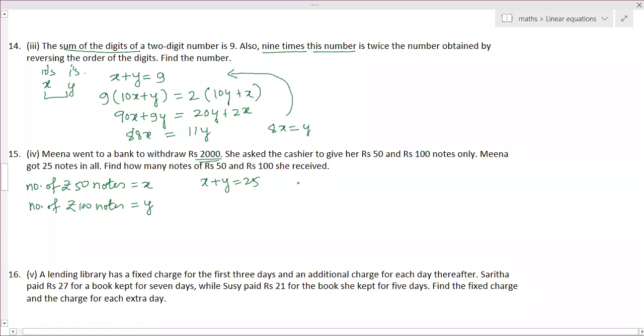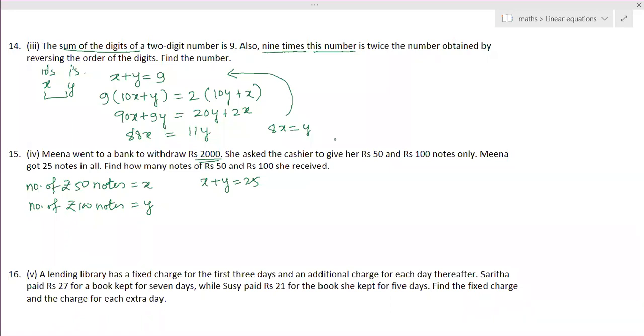Ma'am, can I try? 50 rupee x notes are there. So what is the total amount? If you have 2 notes, what is the total cost?